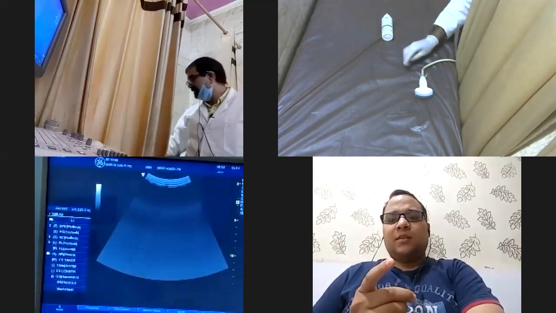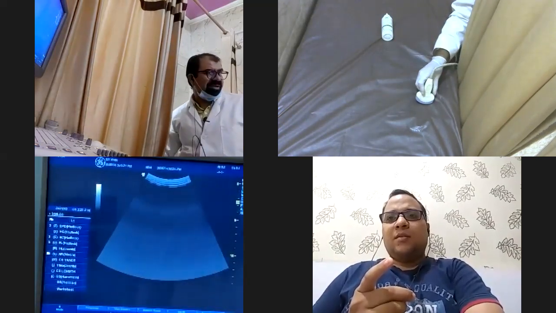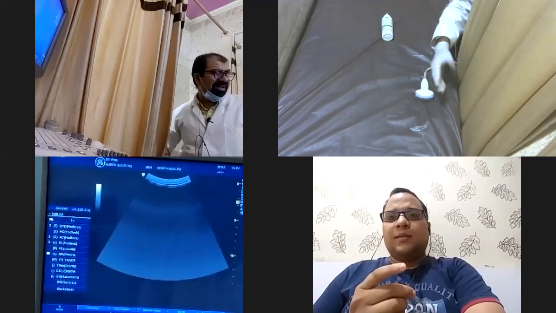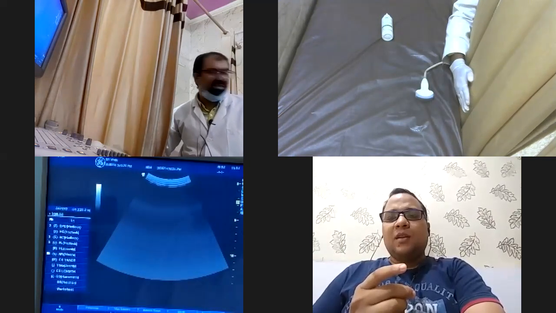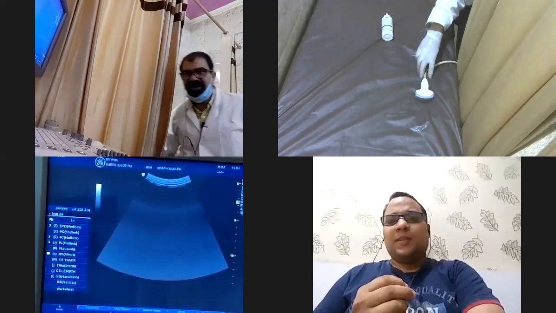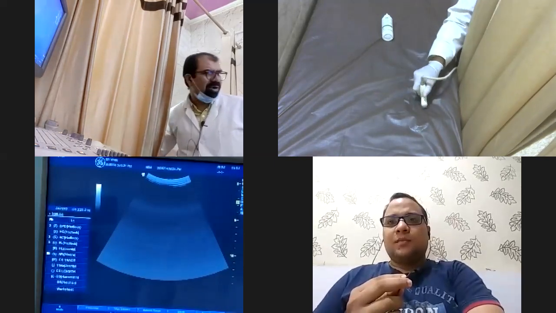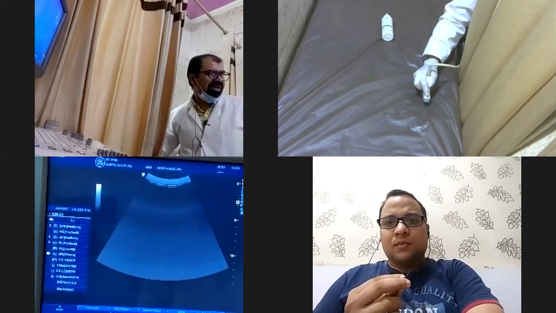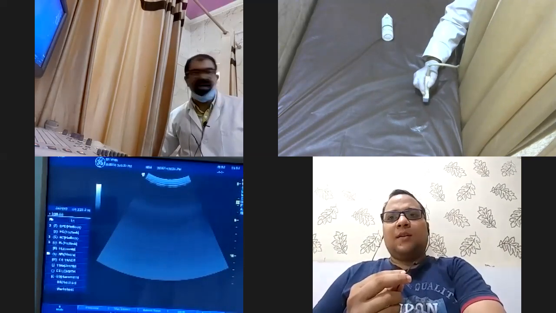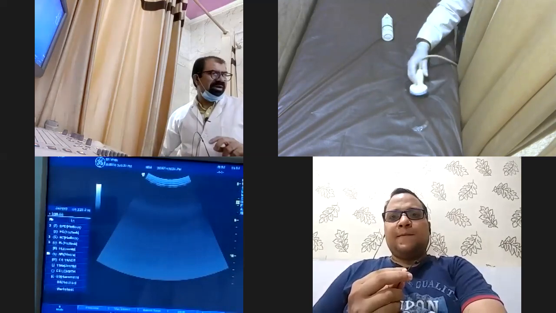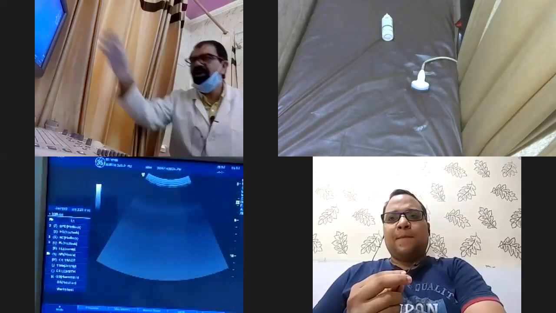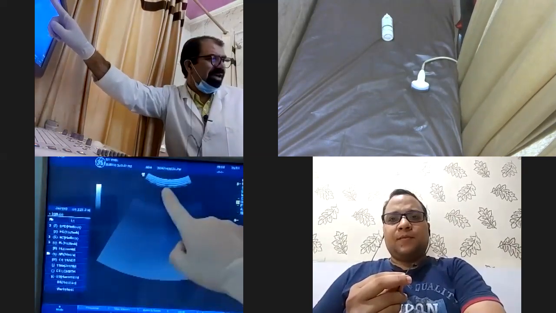When I am in transverse section, this indicator is towards the patient's right. Now I have rotated this probe clockwise, and this indicator will go towards the patient's head. Now see on the screen. Now I am in longitudinal section. Is this anterior?